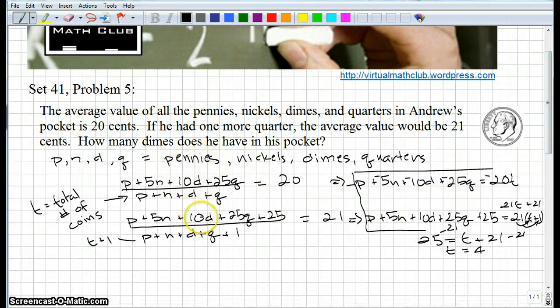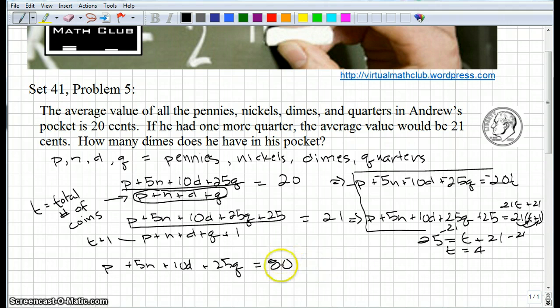But now that we know that t is equal to 4, I know that the number of pennies plus 5 times the number of nickels plus 10 times the number of dimes plus 25 times the number of quarters is equal to 80, just multiplying both sides by 4.